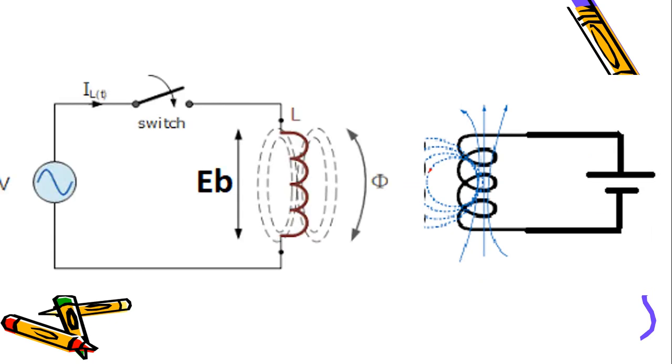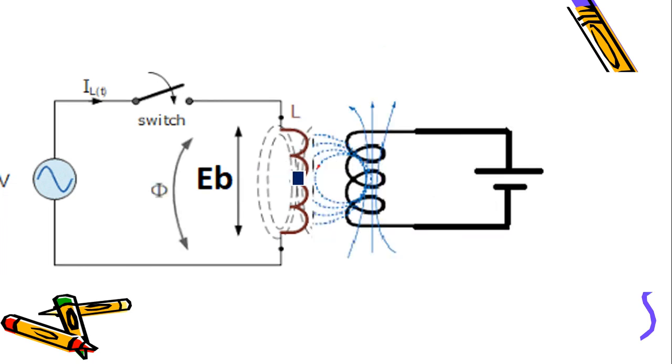If both are brought together, what will happen? We know there will be an effective magnetic field. The flux lines will not cut each other, and if flux 1 is there and additional flux is there, and both coils are brought together, it will create an effective flux like this.